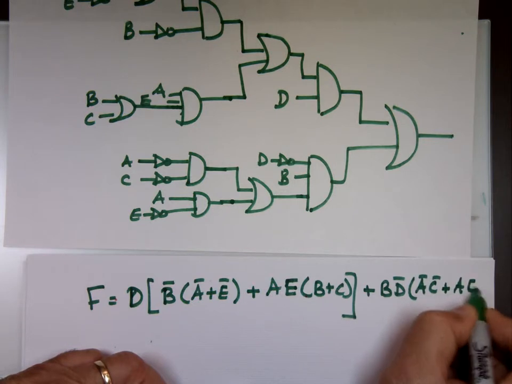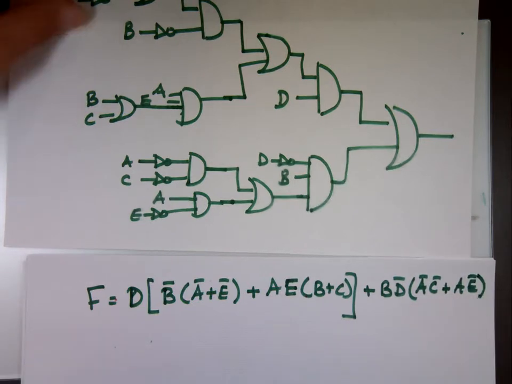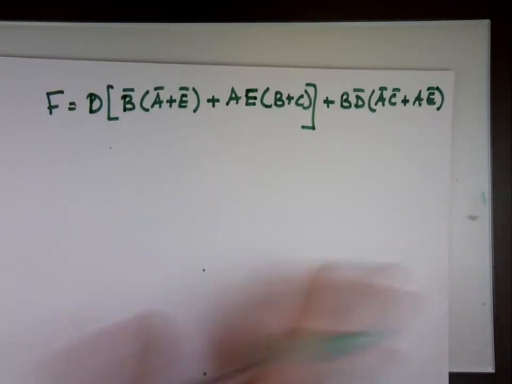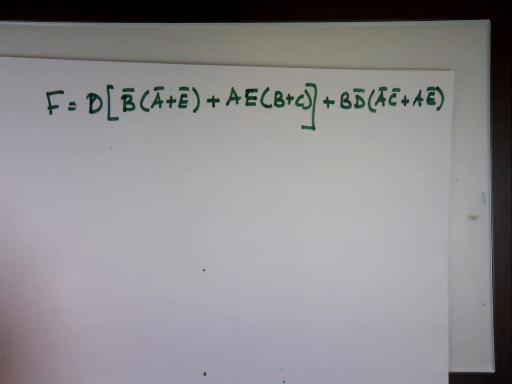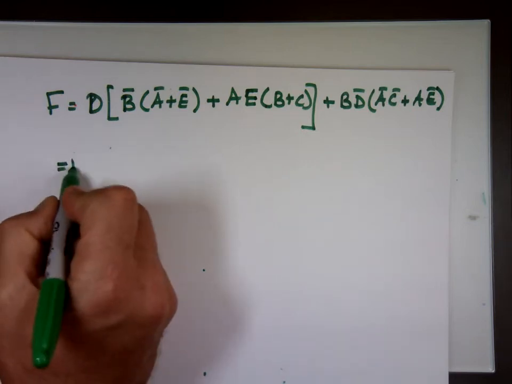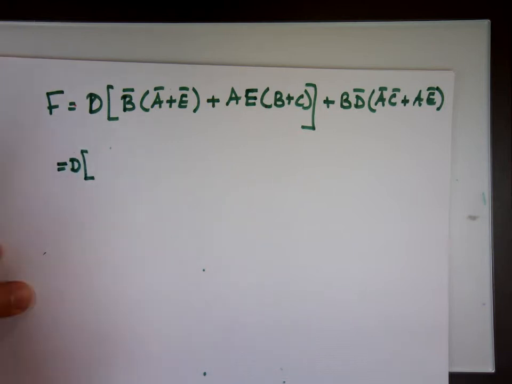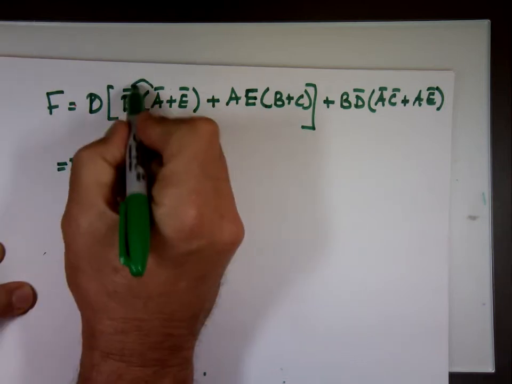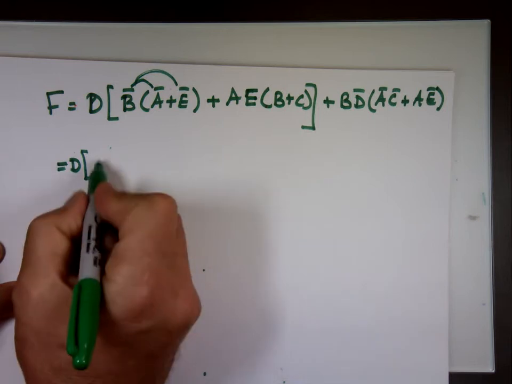The toughest part is just writing the problem without making a mistake copying the problem. And just like normal math, you work from the inside out. If I work from the inside out, that D is still sitting outside. Use the distributive property.